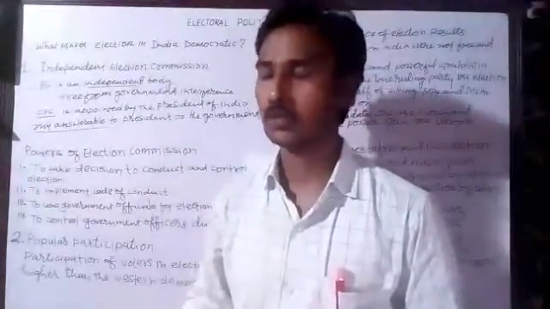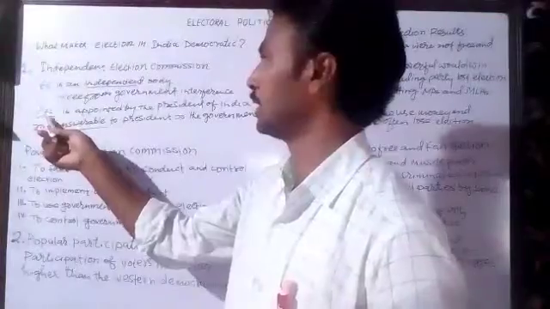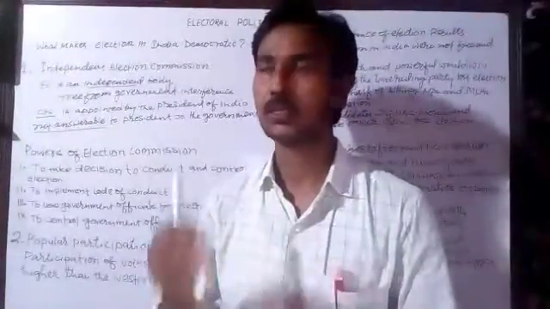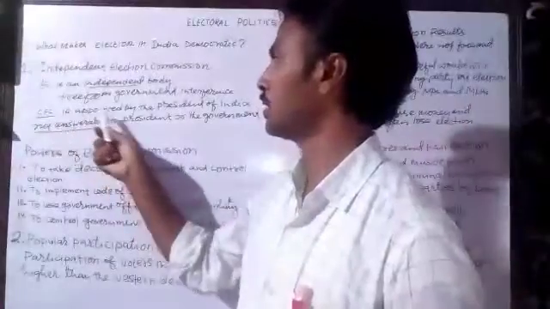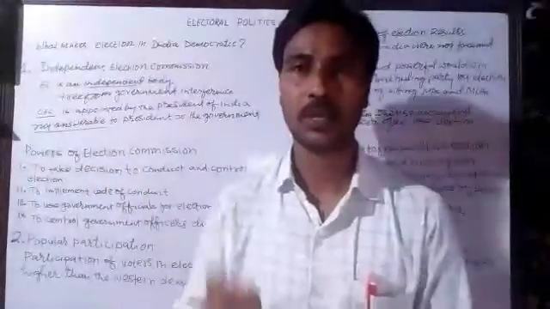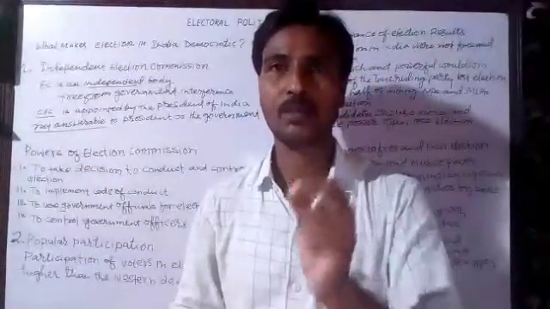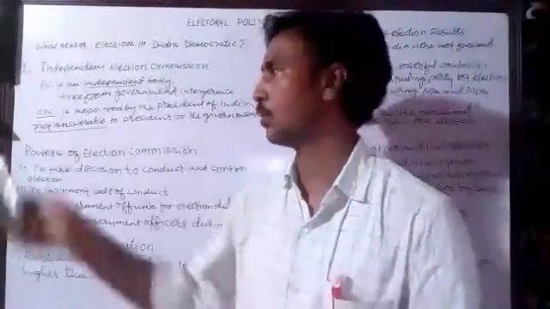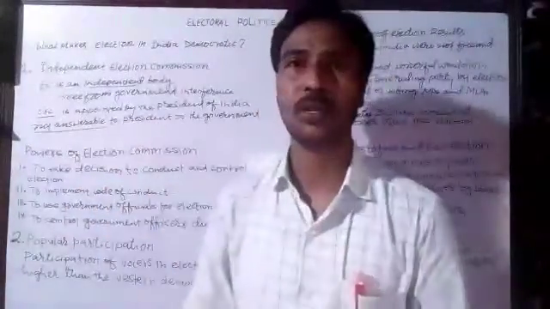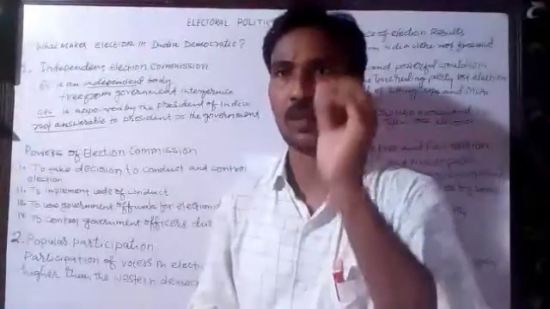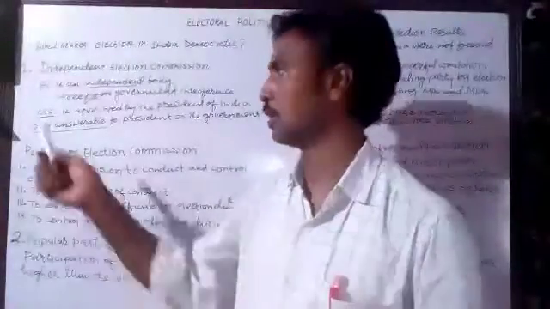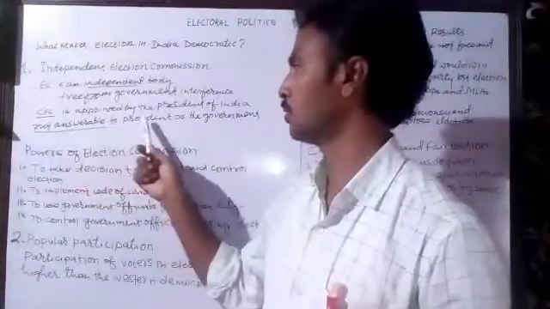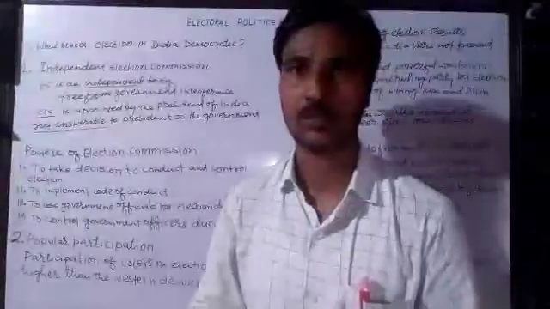It is free from government interference, meaning the government cannot interfere in the working or decisions of the Election Commission. The Chief Election Commissioner is the head of the Election Commission. He is appointed by the President of India. But the interesting thing is that though he is appointed by the President of India, he is not answerable to the President or the government.